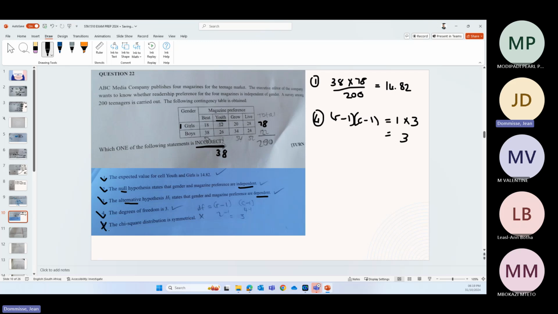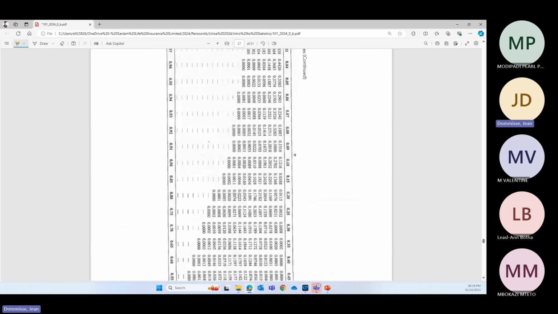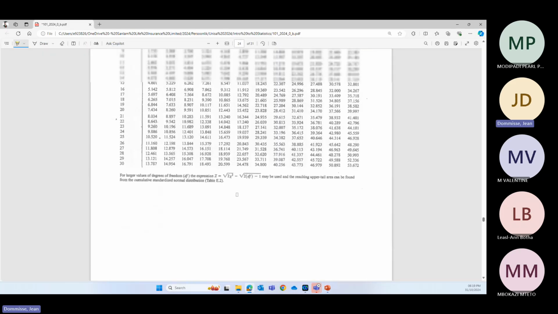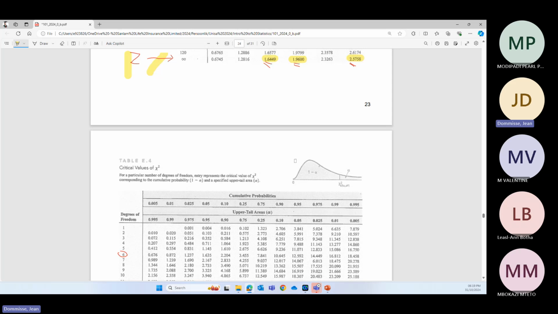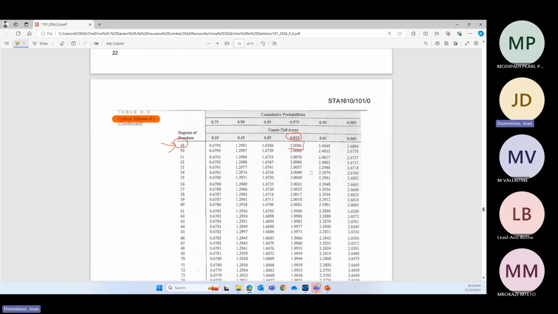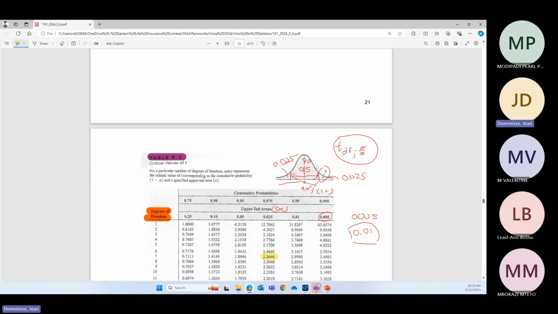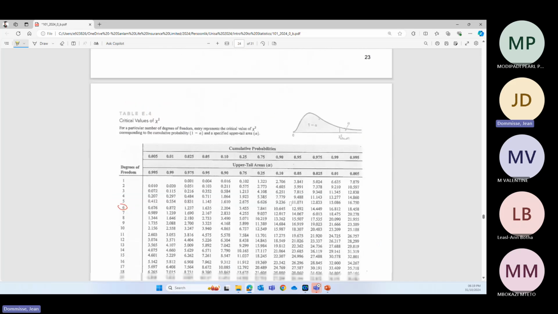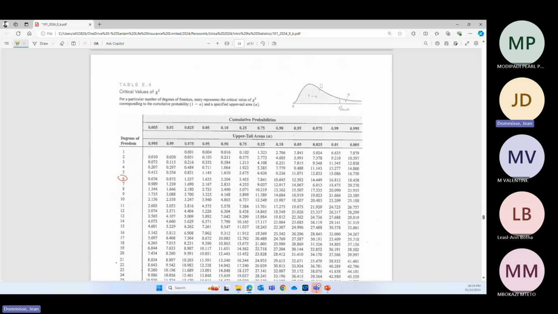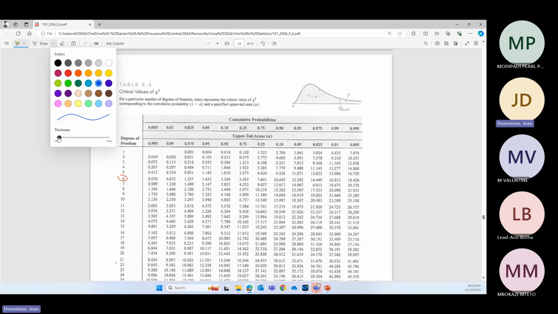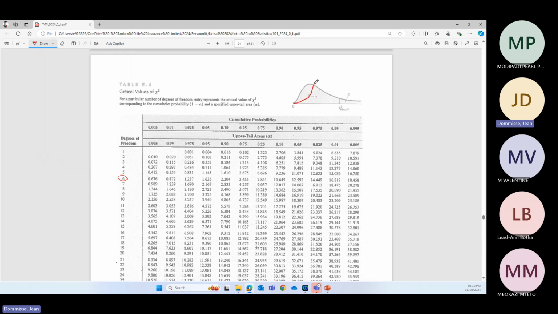That is incorrect, but let's quickly show it so that you guys can see as well. So here you can see, that is when something is symmetrical. Here you can definitely see the chi-square is not symmetrical, because if it was symmetrical, it would have been something like that.